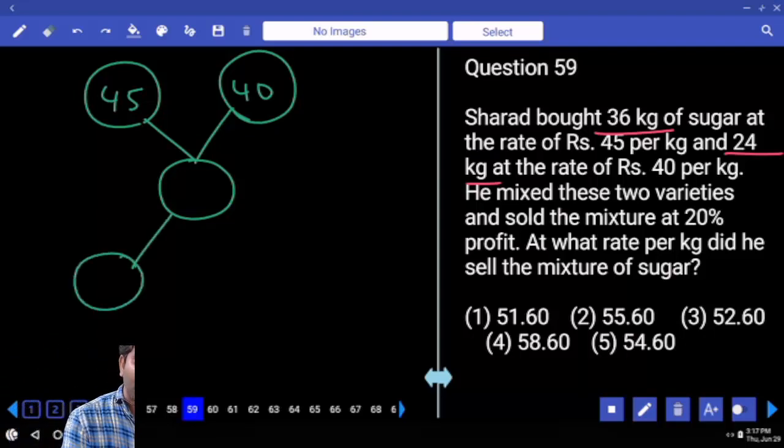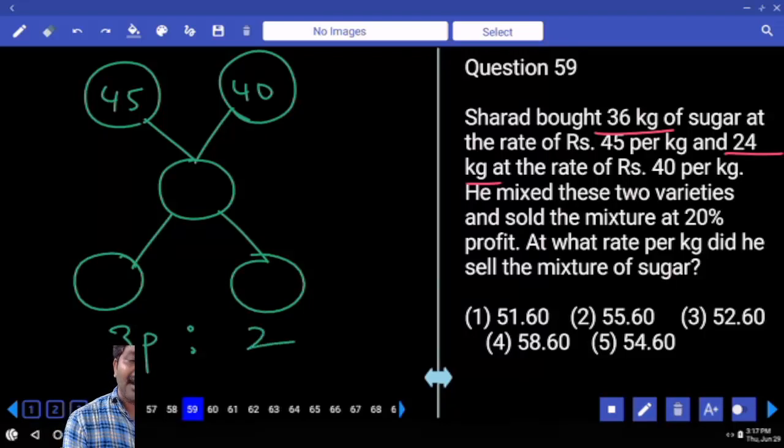Now if you use alligation, that is equal to 3:2, correct? According to alligation concept, difference of first numbers must be equal to sum of number of parts. 5 parts is equal to 5, each part is equal to 1. 3 parts is equal to 3, 2 parts is equal to 2, then middle number is 43 only.